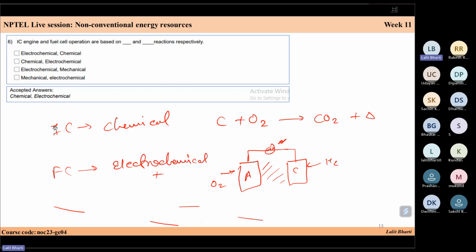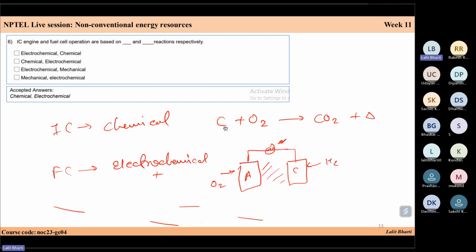You have some fuel, you burn the fuel and you get the product. Let's say a carbon based fuel, in the presence of oxygen, you will get CO2. This process is called internal combustion, and this is a chemical process, typically done in your car engine or motorbike engines.